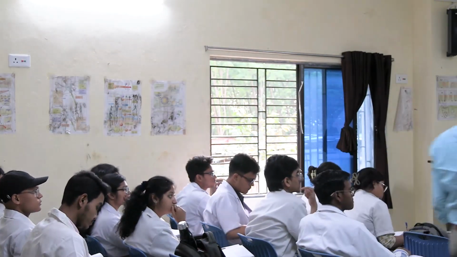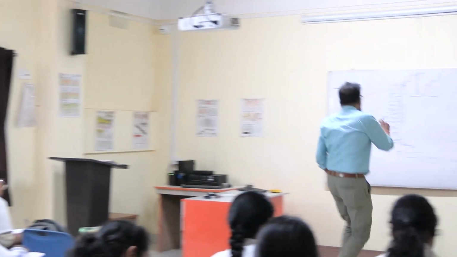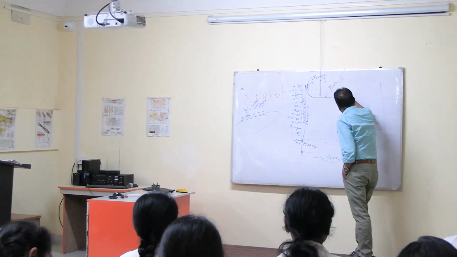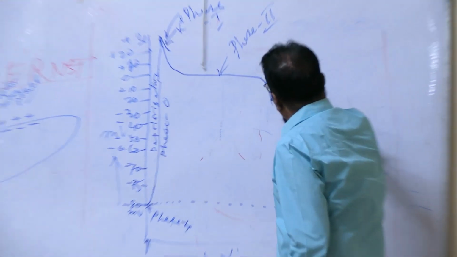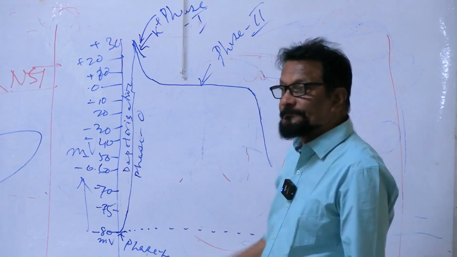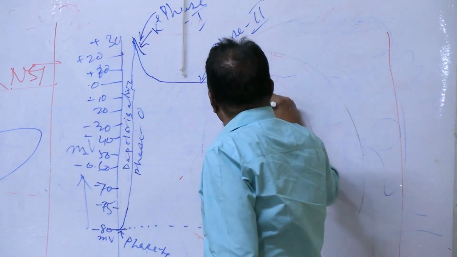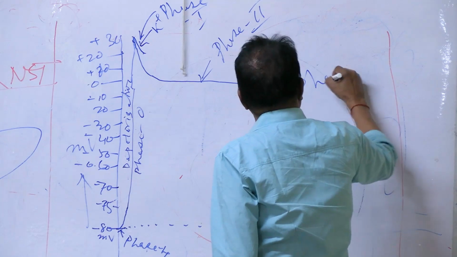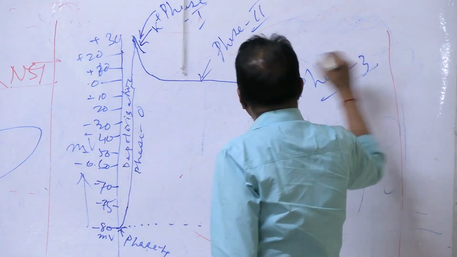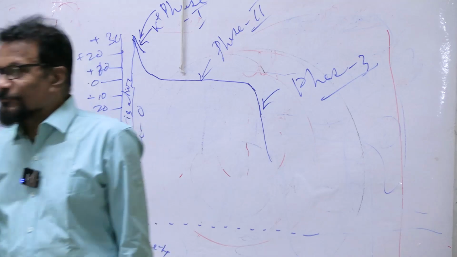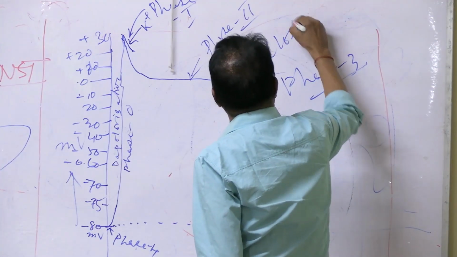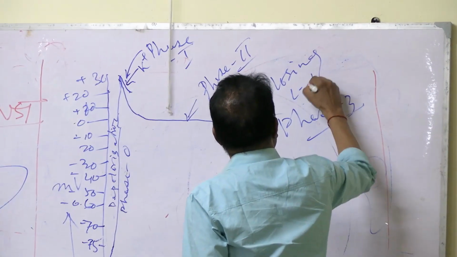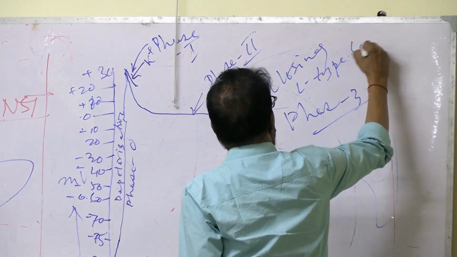And it continues up to this level. Thereafter, again the voltage is changing towards negativity. This phase is called phase 3. Why has phase 2 ended? Because here there is closing of the L-type calcium channel.